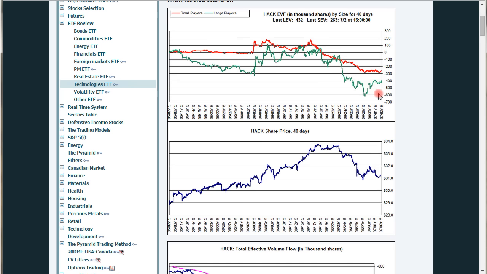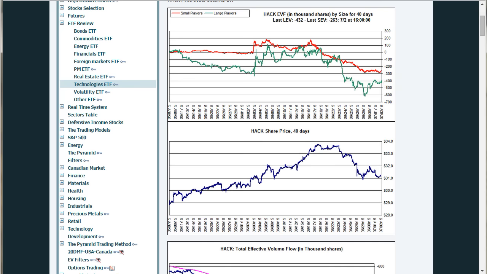This buying is because most probably the buyers of each individual component of HACK have been hedging their position by shorting HACK, and at this point they notice that most probably we are at support and they are taking profit on their hedge. So this is the first sign that probably the sector is going to change, but it is not ready yet.